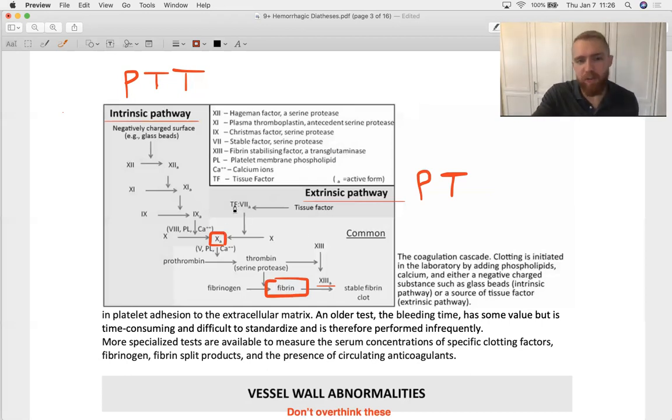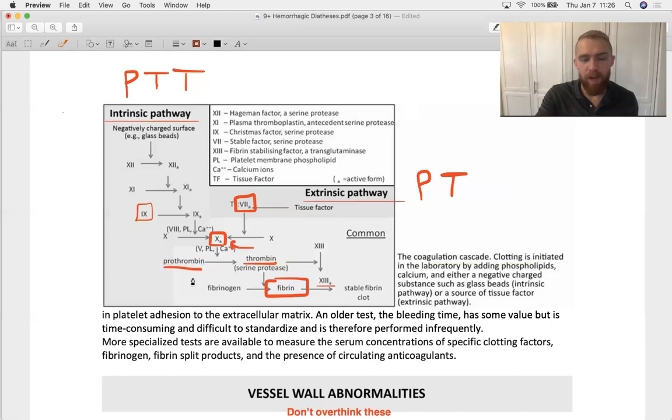Well, as you can see, 7 is in the extrinsic pathway. Now, 9 is over here in the intrinsic pathway. 10's in the middle of both of them, and 2 is way down here, prothrombin and thrombin.